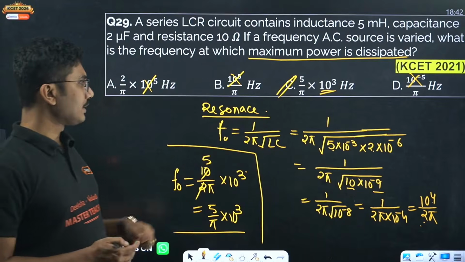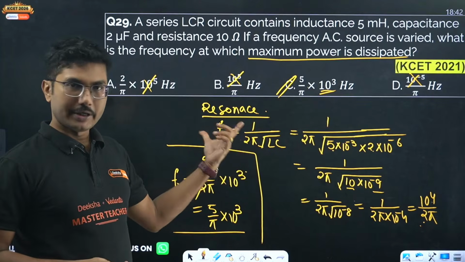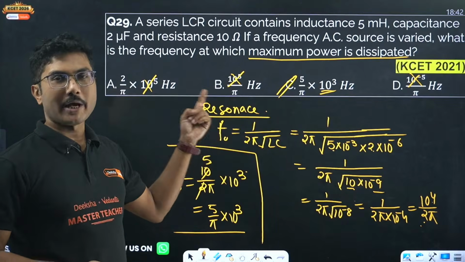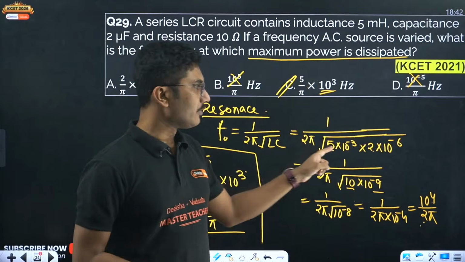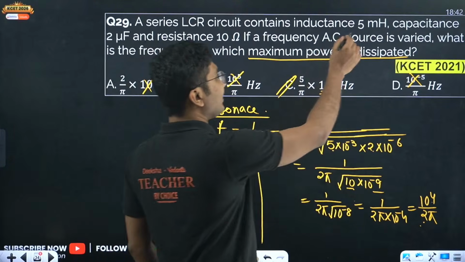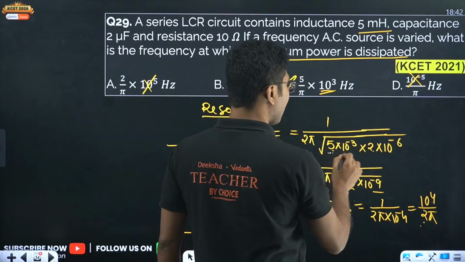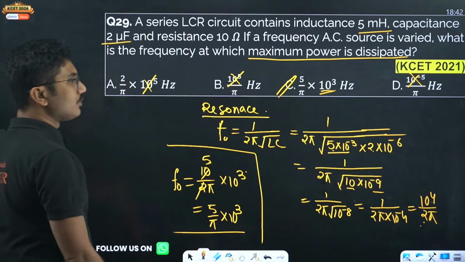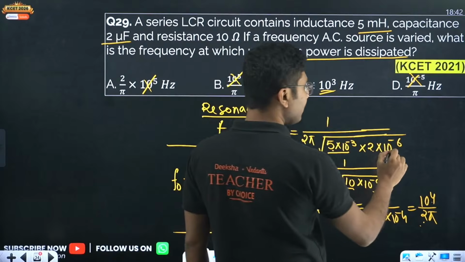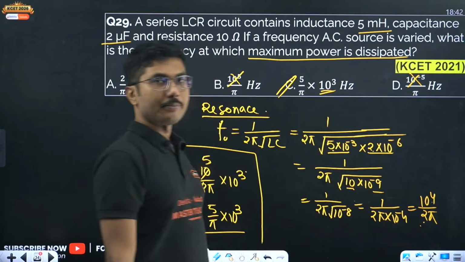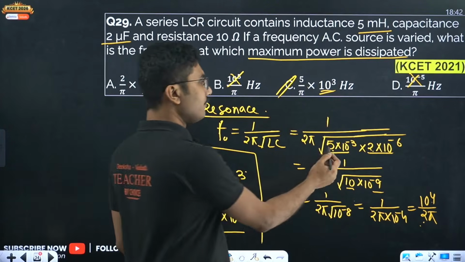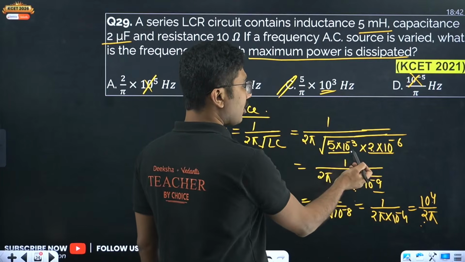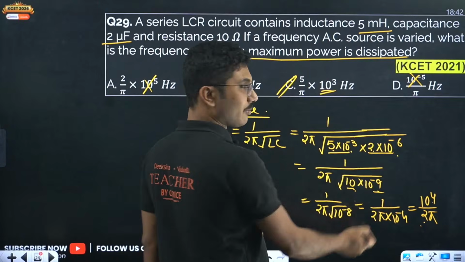Okay, so first is resonance frequency. Resonance frequency is 1 by 2 pi root LC. Put the values: L is given in millihenry, milli means 5 into 10 to the power of minus 3. And capacitance is 2 microfarad, microfarad means 10 to the power of minus 6, so 2 into 10 to the power of minus 6. 5 into 10, 10 to the power of minus 3, minus 6, gives 10 to the power of minus 9.